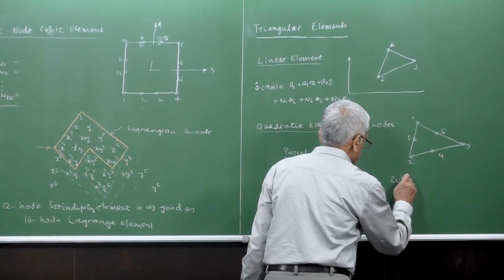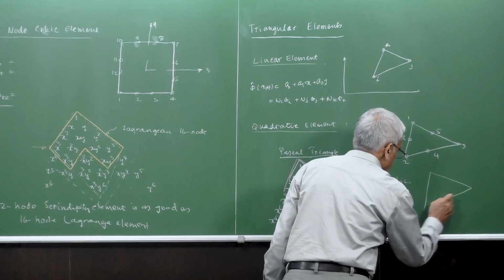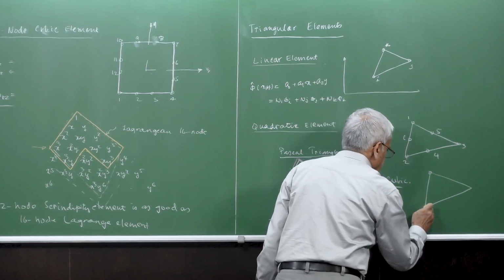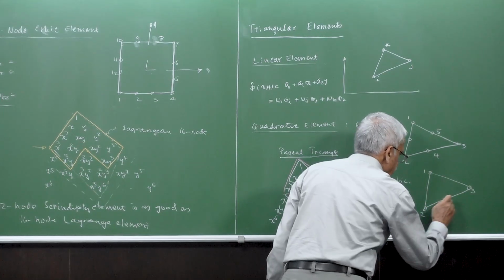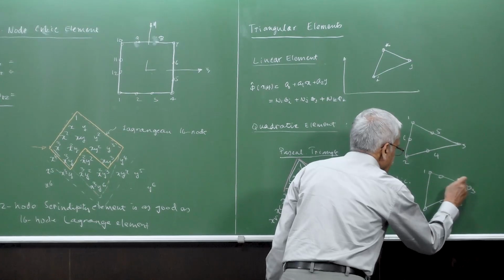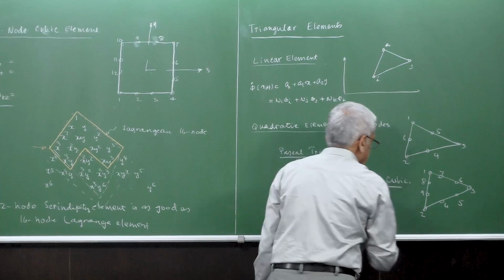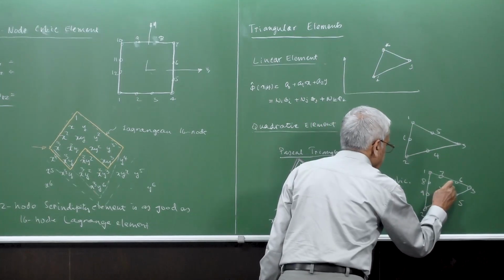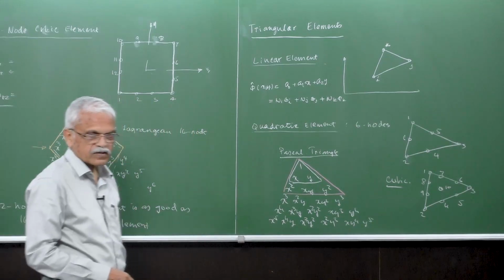I'll just show you how to construct these things. 1, 2, 3, 4, 5, 6, 7, 8, 9, and also we have 10. So what are these 10 terms that are necessary here?